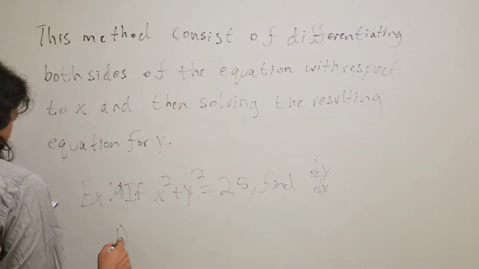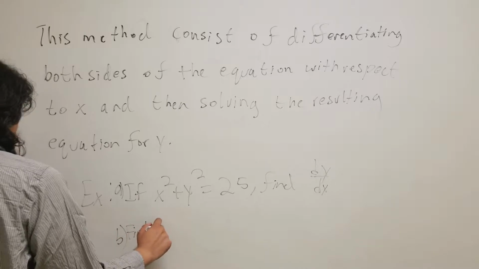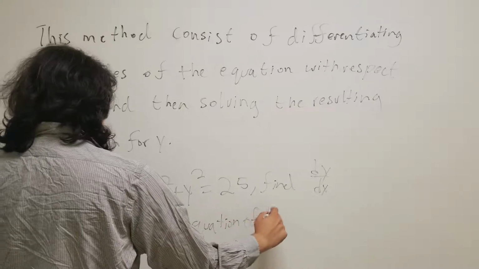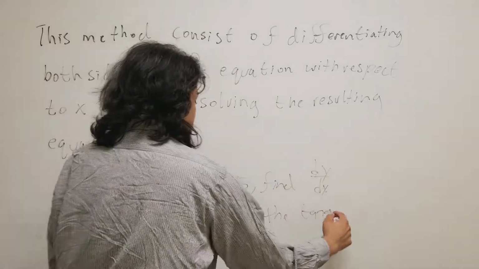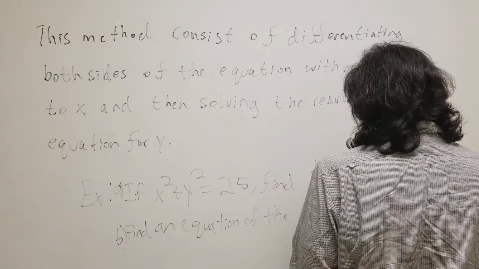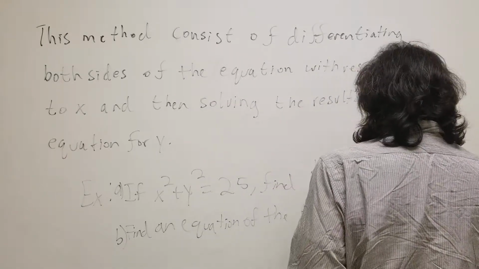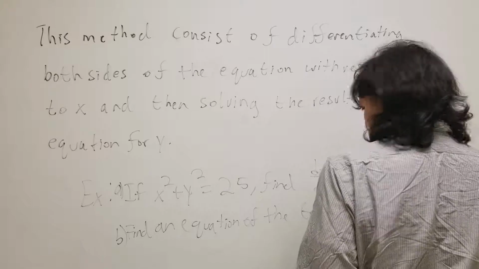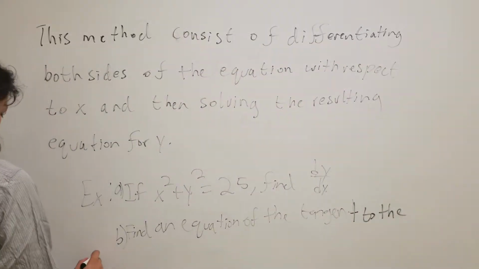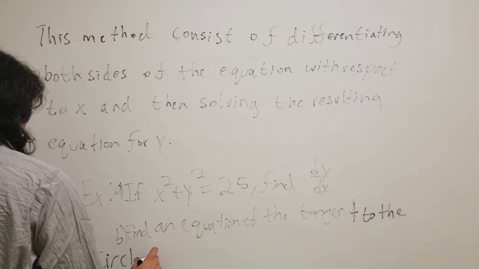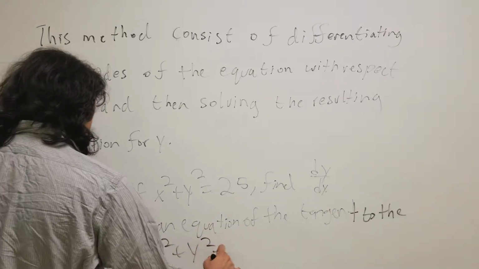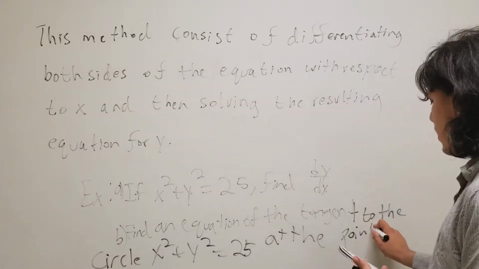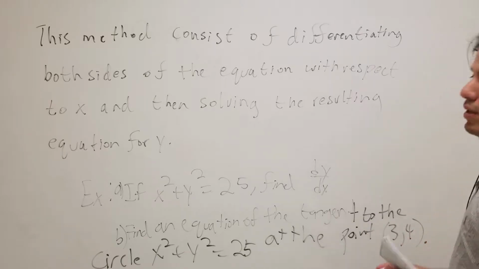And part B says, find an equation of the tangent to the circle x squared plus y squared equals 25 at the point (3, 4).